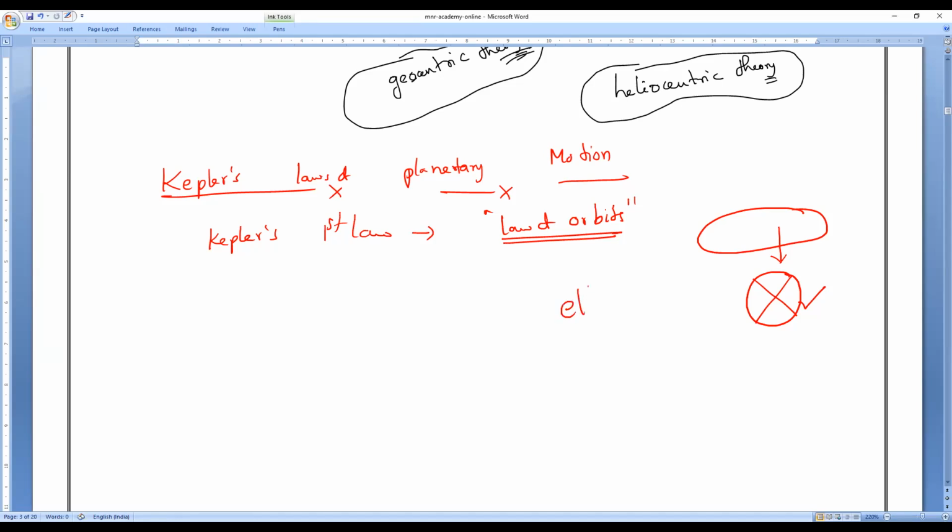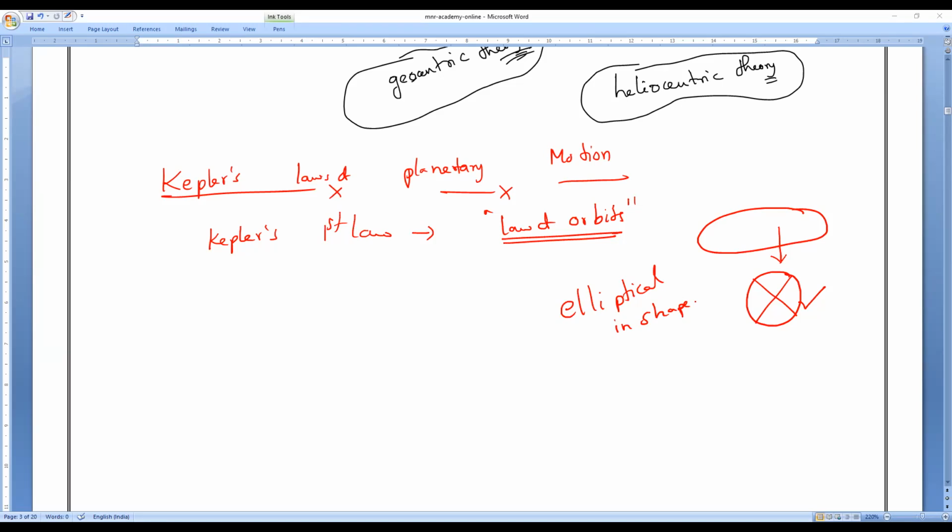Elliptical. Please note it. Originally we considered it circular, but its actual shape is elliptical. Clear, everybody? Please respond. Please write this sentence also, if you want.